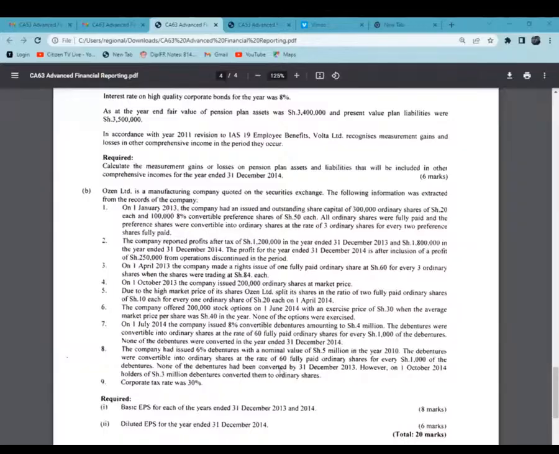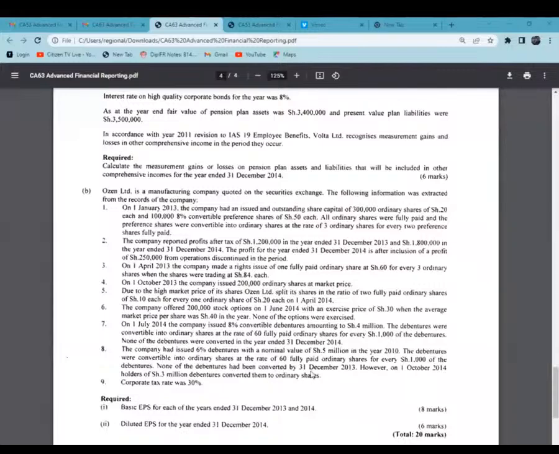None of the debentures had been converted by 31st December 2013. However, for 2014, something happened. And now we are doing the 2014 year. However, on 1st October 2014, holders of 3,000 debentures, because I'm cutting 3 zeros, converted them to ordinary shares.